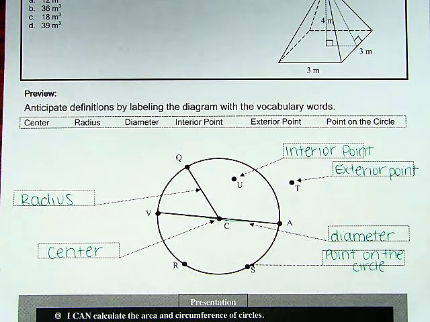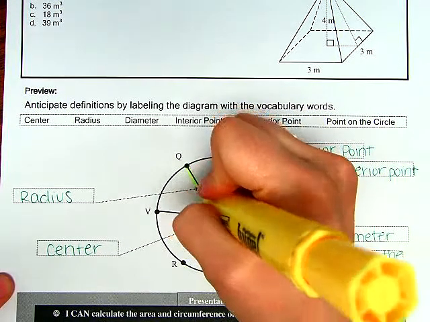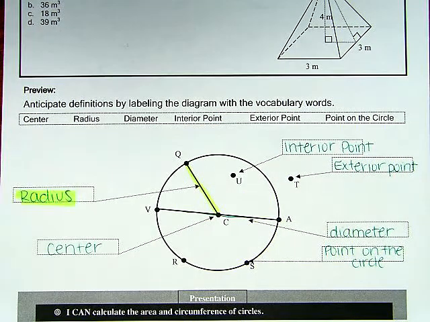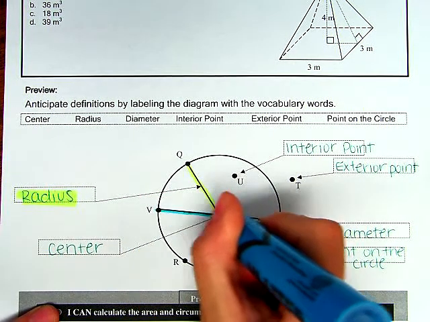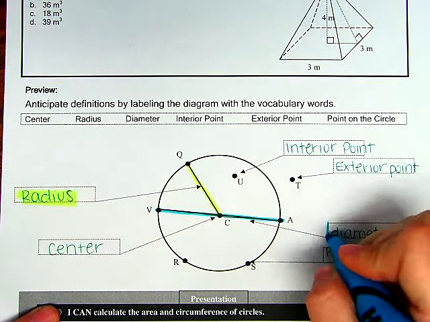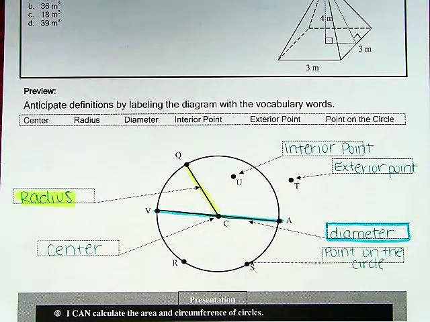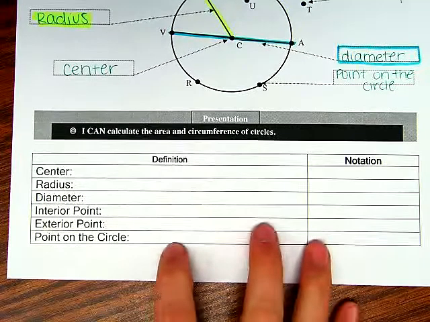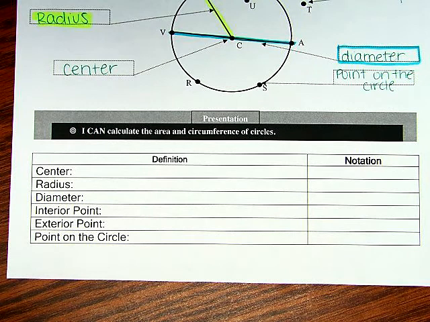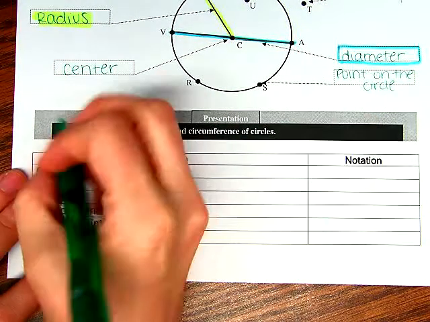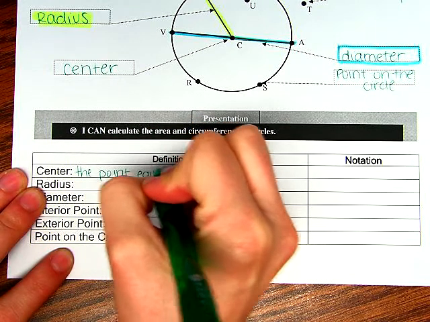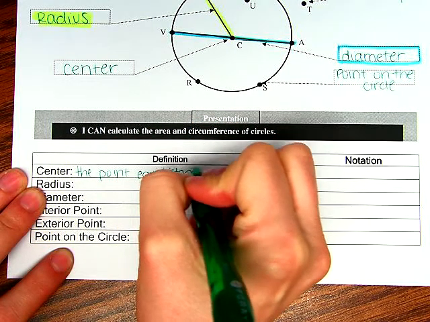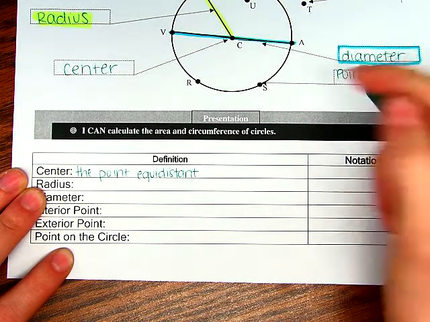So one thing to keep in mind, our radius is only half. Our diameter goes from opposite side to opposite side. So as we move down to the definitions, the definition of the center is the point equidistant, so same distance, from all other points on the circle.